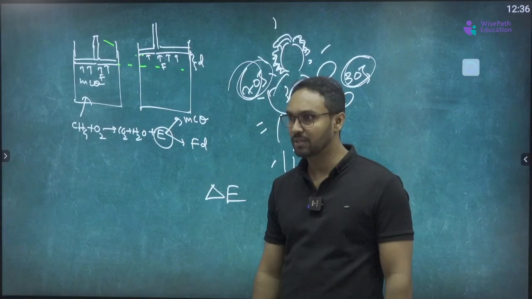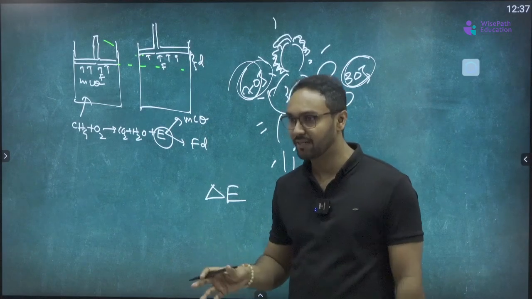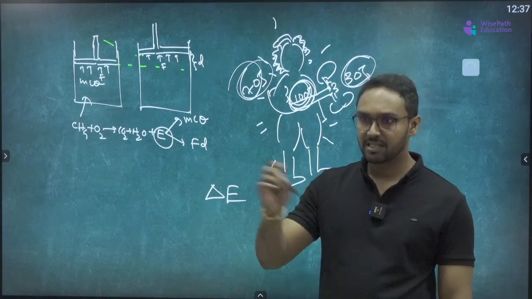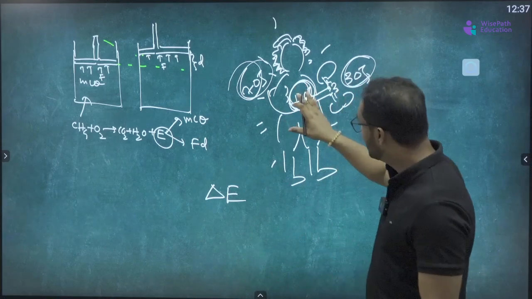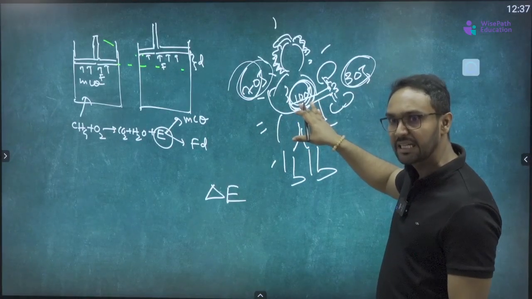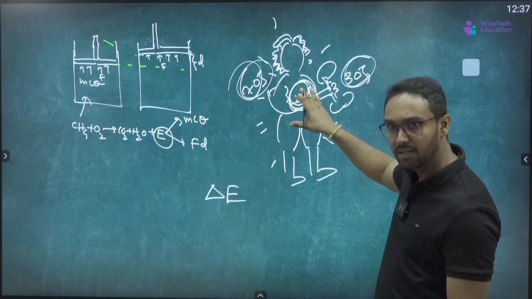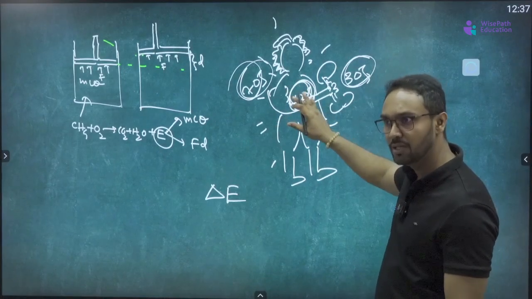You can't use the whole thing ever. Even in every reaction, you only use a fraction of the internal energy, right? So here, Johan was using a fraction of the internal energy. That's 100 joules. His internal energy is more than that. He only used 100 joules.